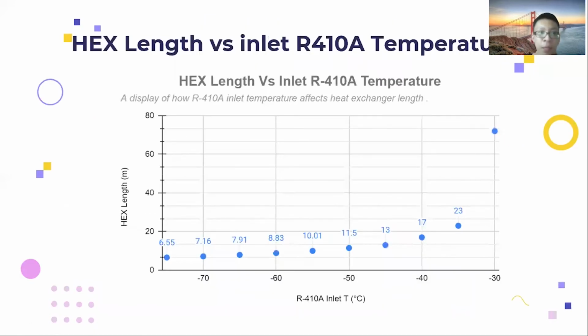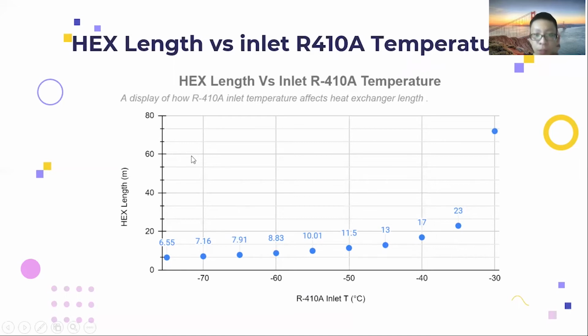And the last part of my explanation is the HEX length. We have the R410A inlet temperature graph. From this graph, we can see that there are two axes. The vertical axis is heat exchanger length, and the horizontal axis is R410A inlet temperature. Based on what the graph displays, the relationship between R410A temperature and HEX length is directly proportional.